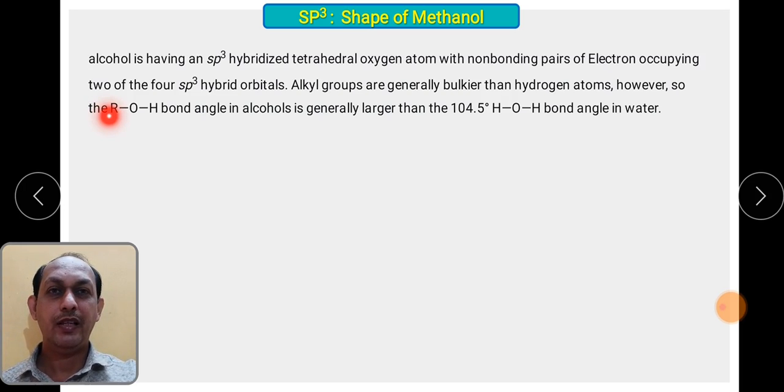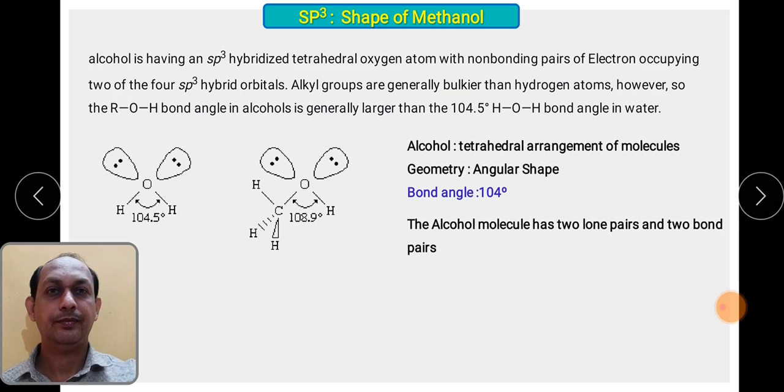Here we are replacing H by an alkyl group, and as we know alkyl groups are generally bulkier than hydrogen, so the ROH bond angle in alcohol is generally larger than in water. The HOH bond angle is 104.5, but in alcohols you can find it is 108.9. Why is it so? Because of the presence of the alkyl group, CH3OH.